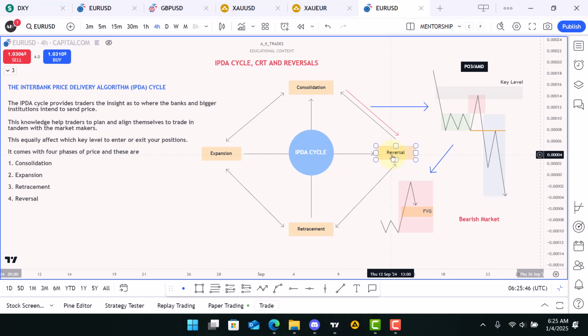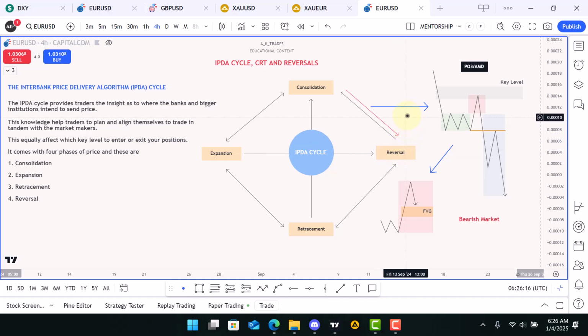Now, price can also move from a reversal to retracement, from a retracement to expansion, and from expansion to consolidation. The same way, price can also retrace and enter into a consolidation phase. But what price does not do is move from consolidation back into a reversal.